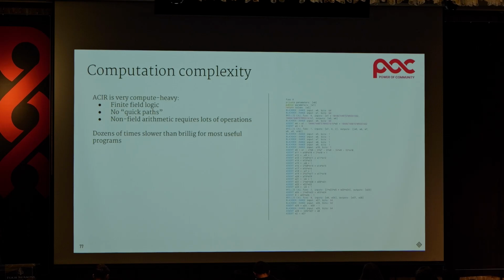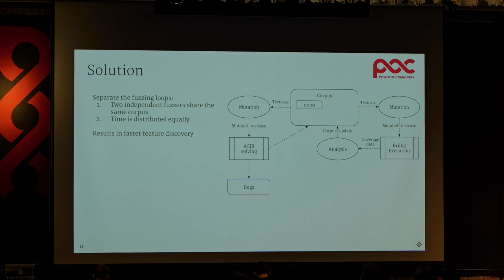So what do we do? We try to balance the execution between Brillig and Acer. What we want is to have as many different inputs go into Acer, but the problem is if we try to fuzz by sending test cases to Acer and Brillig all the time, we're going to get slowed down.